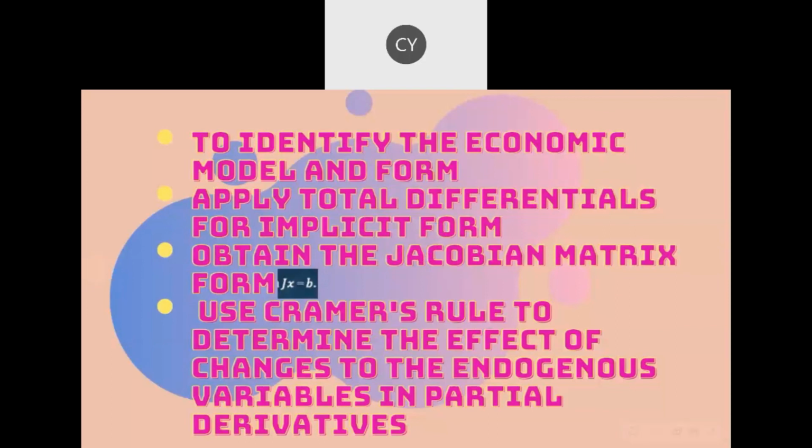Third, to obtain the Jacobian matrix form as JS equal to B after we rearrange endogenous equal to exogenous plus parameters. Last, we know how to use Cramer's rule to determine the effect on endogenous variables when one component changes, and we calculate it with partial derivatives to get their relationship, whether they are positively or negatively related.